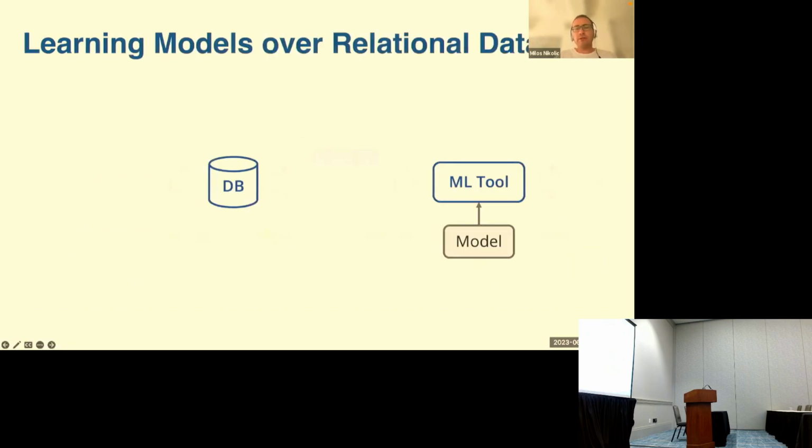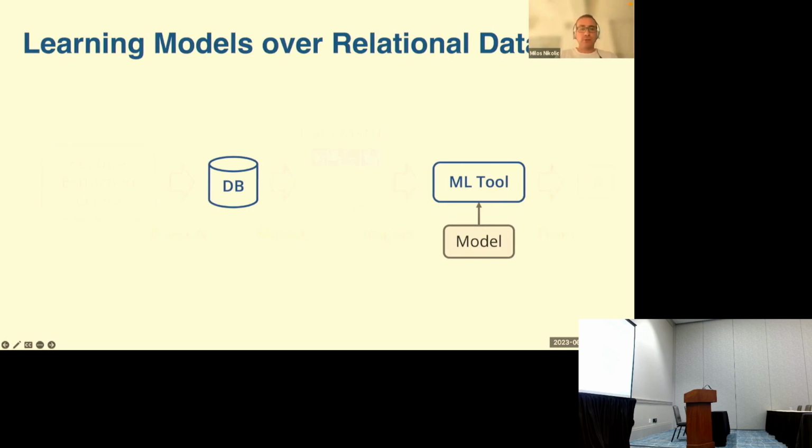Now, according to recent surveys, most data scientists work with relational data. And one would expect there are specific relational-based techniques for learning over relational data. But this is unfortunately not the case. Consider a simple scenario where we would like to train a model over a database.